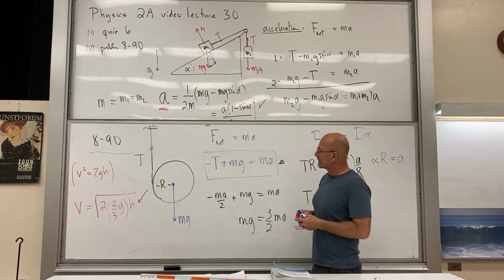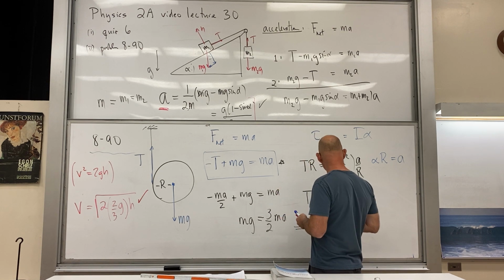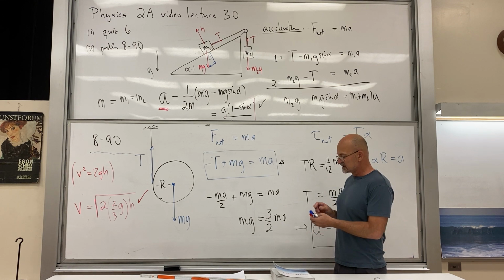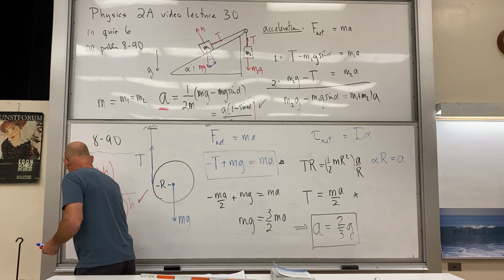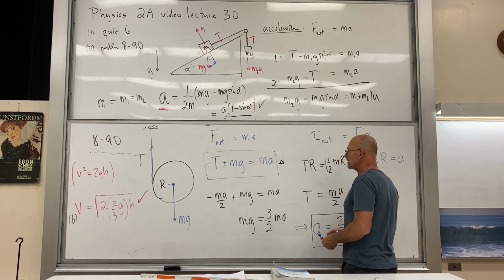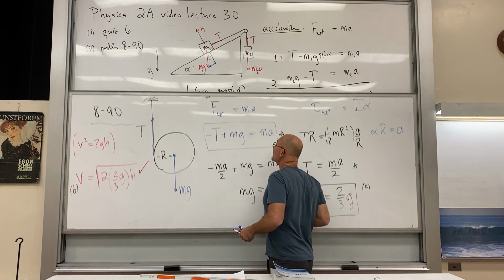Good. The third way to do this was with energy for part C. I don't even know if I assigned all 3 parts, but this is part B here. This was part A. And part C was the energy method. So let's go ahead and send this up here.